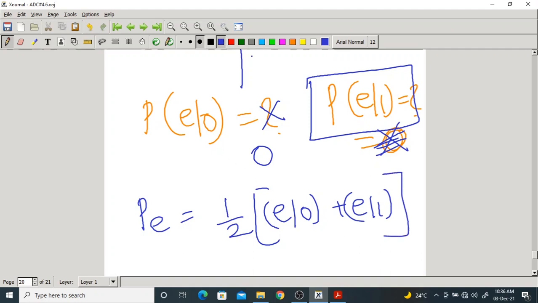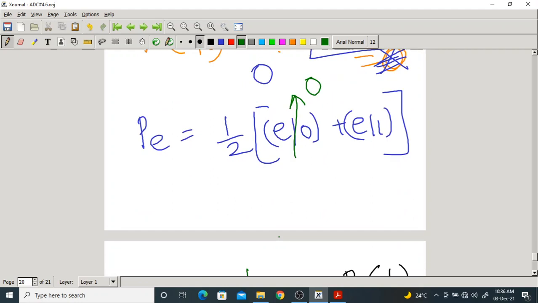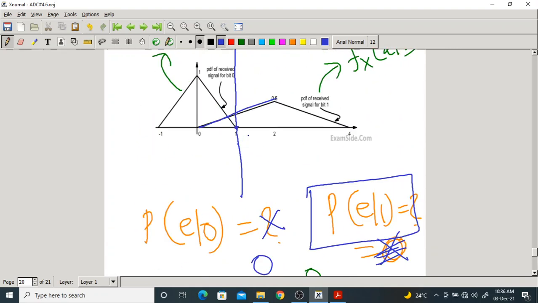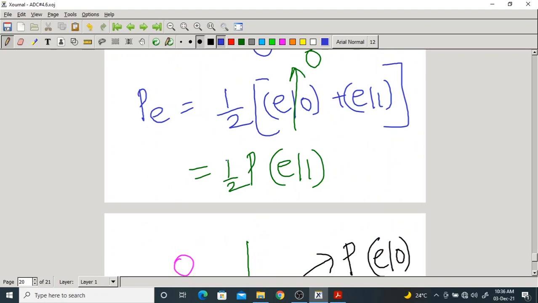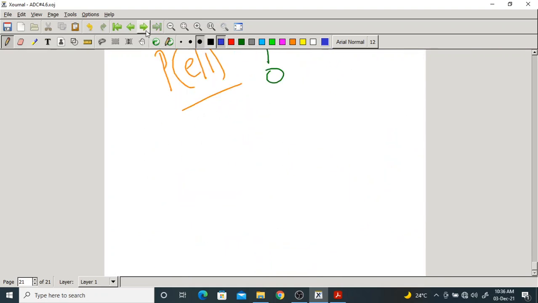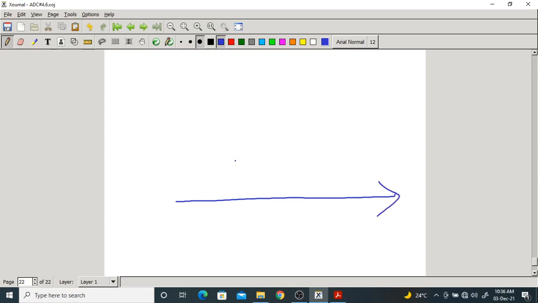Since the first is 0, you are left with 1 by 2 into the probability of error given 1. So this is simple logic. You just find out this area.